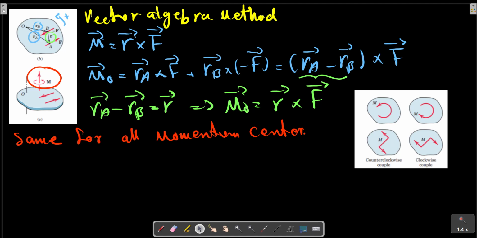Later, when we deal with couple vectors in three-dimensional problems, we will make full use of vector notation to represent them, and the mathematics will automatically account for their sense.